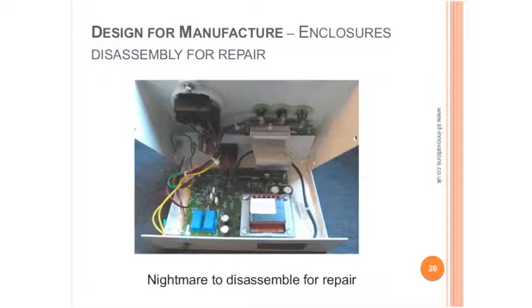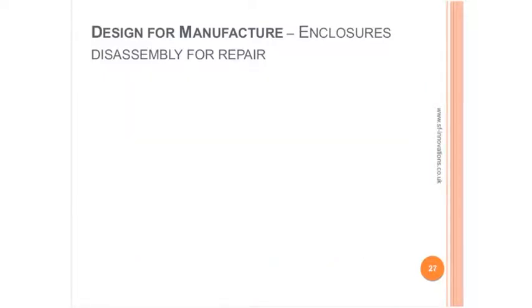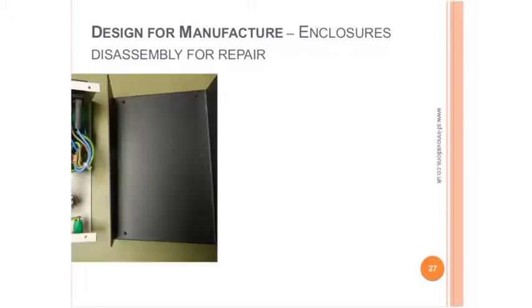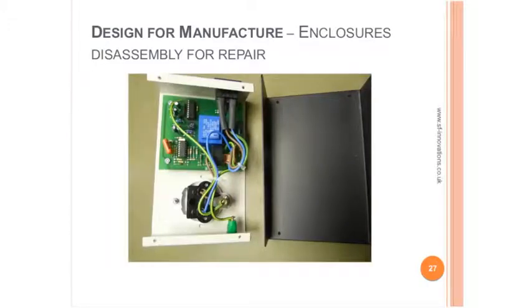So to actually work on that board, you only had short bits of wire, and it was difficult to take apart. Whereas here I show you an enclosure which was much easier to work with, where everything, the socket, the PCB, and the mains input were all assembled in the top half of the case, the bottom half just acting as a lid.